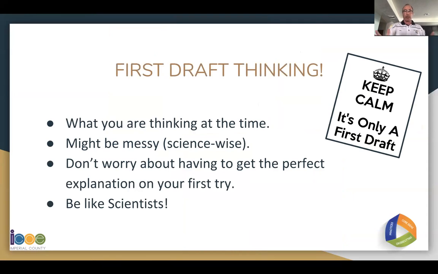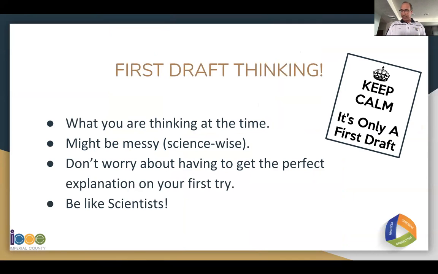We've all written an essay and put our first draft thoughts down. It's kind of what you're thinking at the time, and it's never perfect. It's always kind of messy. In your model's case, I mean messy science-wise. Maybe the perfect explanation isn't quite there yet, but I'm not too concerned about you getting the perfect explanation on your first try.